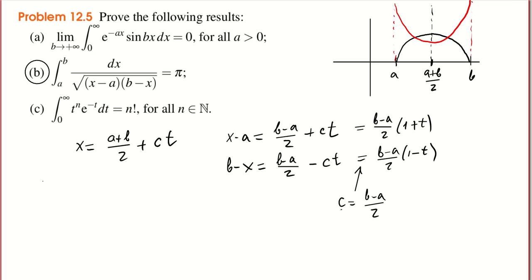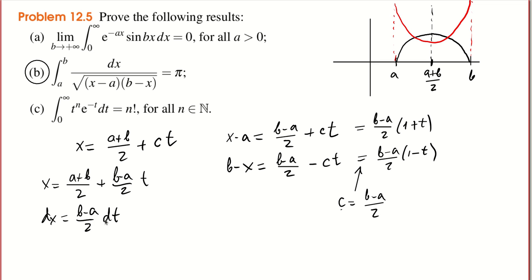So our change of variable is actually x equals (b plus a) over 2 plus (b minus a) over 2 times t. Okay, so dx is going to be (b minus a) over 2 dt.